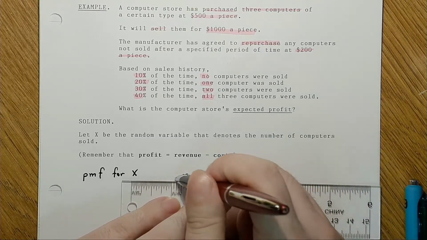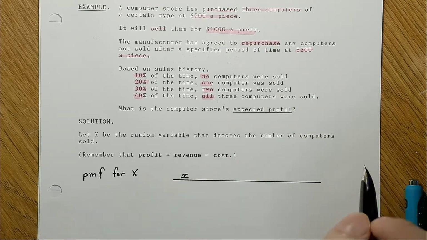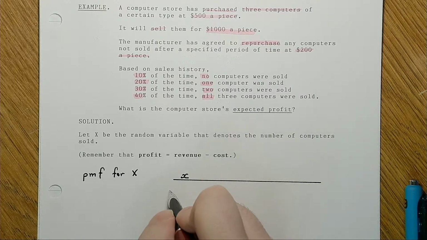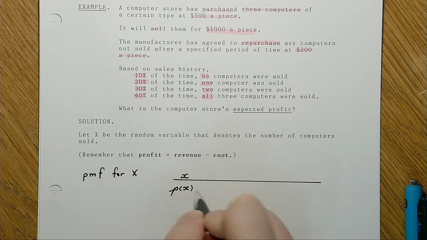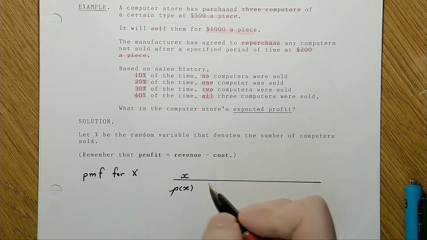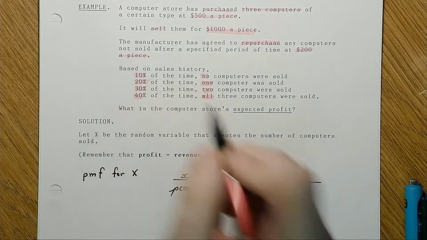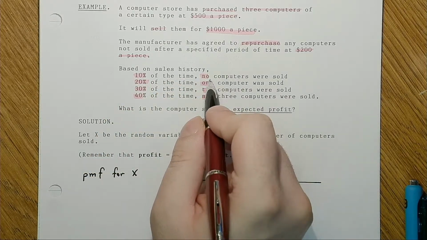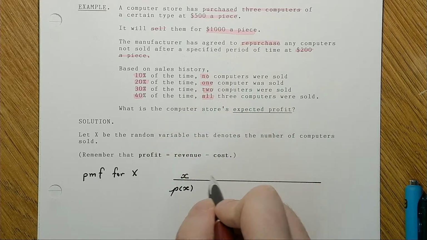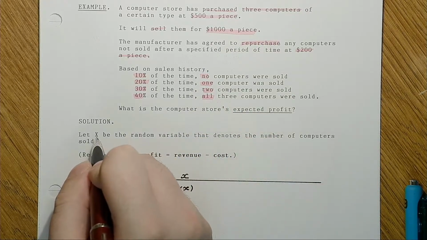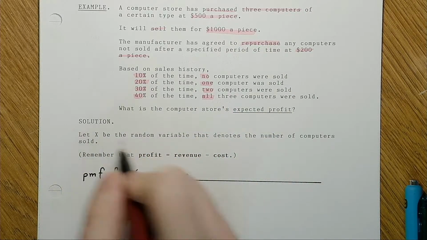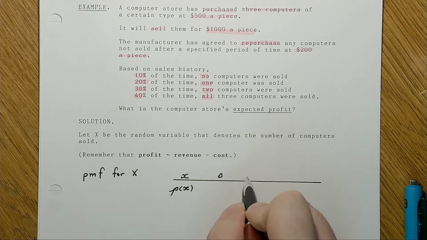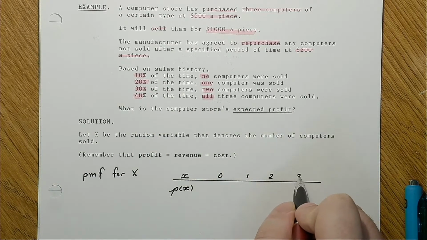Again, it's just organizing our information. So we have no computers, 1, 2, and 3. Those are the values that x can be. So it's from 0, 1, 2, and 3.